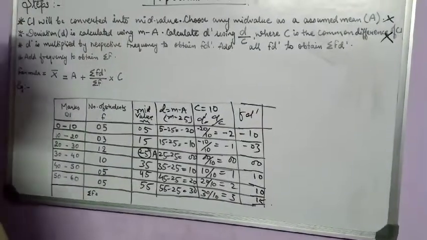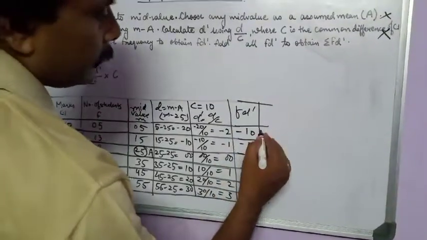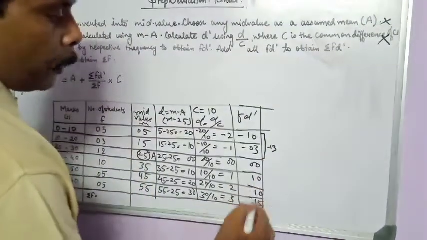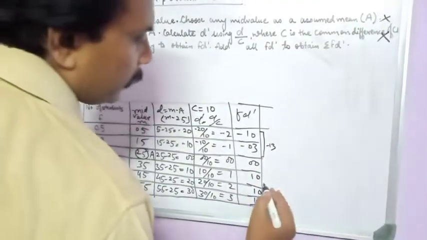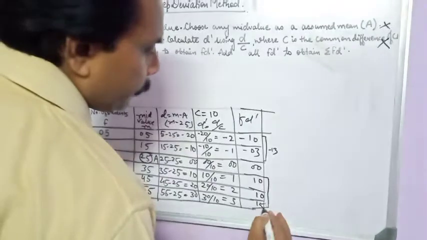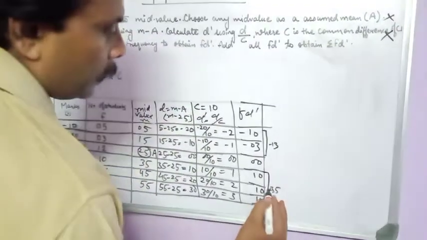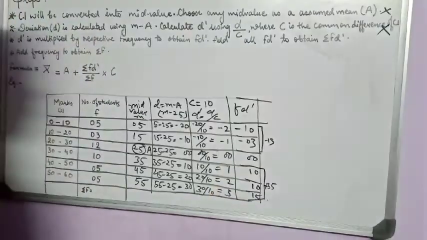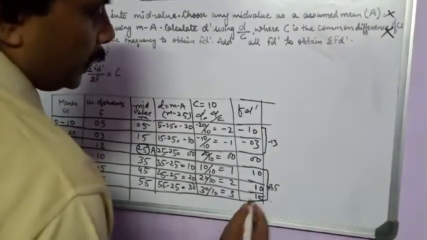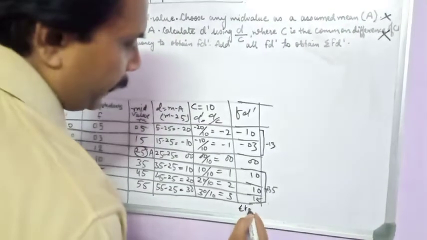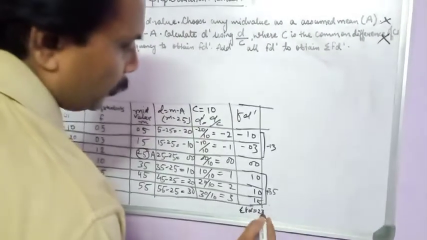Clear? So our negative value is how much? Minus 13. Our positive value is 35. That is the positive value. Clear? So what is the difference? So the difference is 22. So sum of FD dash is equal to 22.